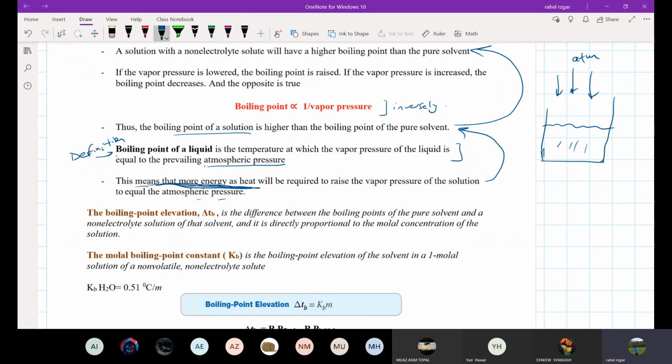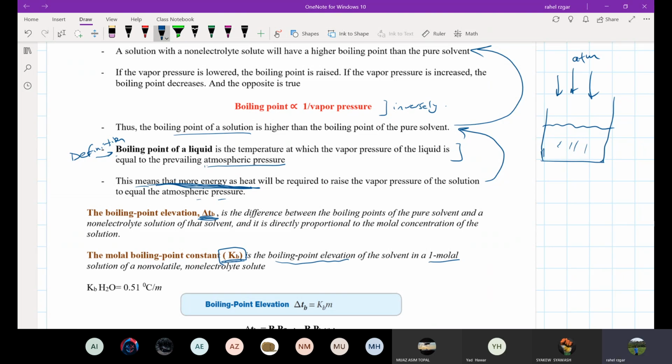All right. So the boiling point elevation, delta TB. We know delta TB is the difference between final and initial, just like delta TF, so instead of delta TF, we just change it to delta TB. And the molar boiling point constant, instead of the molar freezing point constant KF, we'll say the molar boiling point constant is KB. What was KF? For 1 molar, how much would freeze. KB is how much the boiling point will elevate for 1 molar of solution.